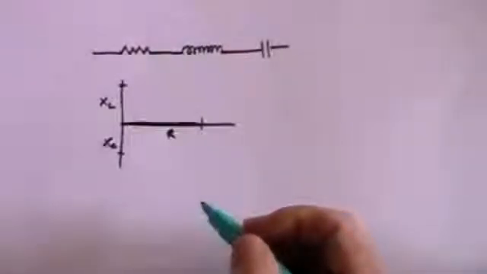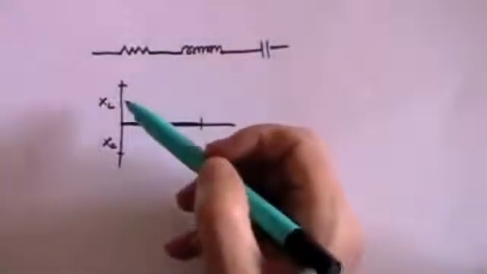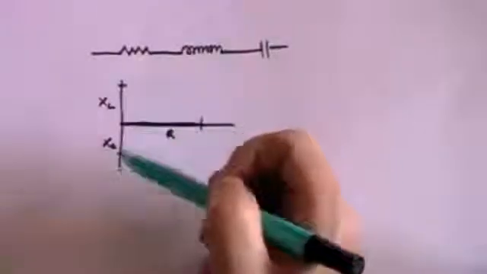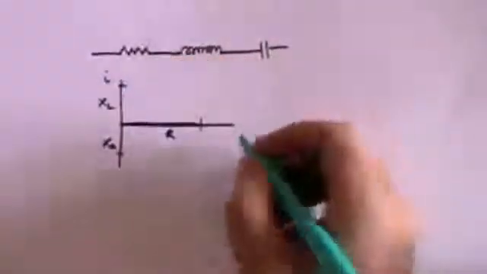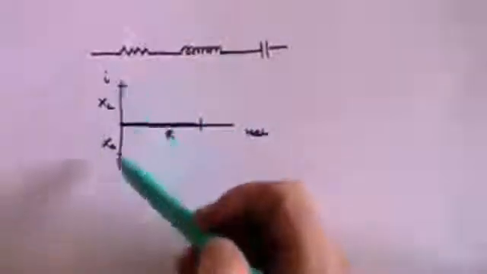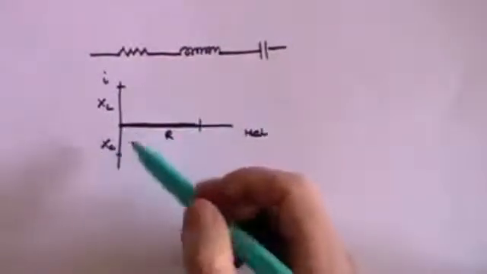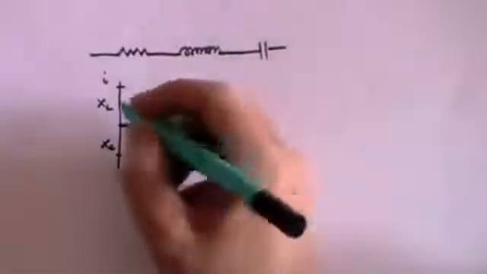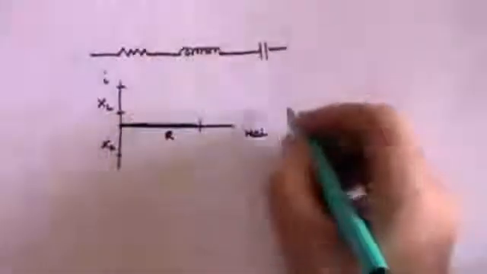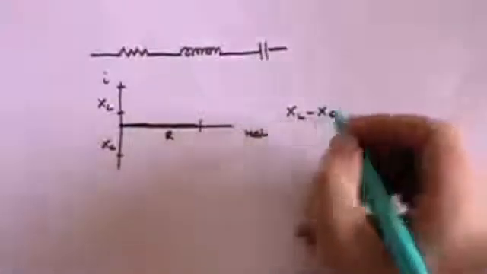The net effect of the two reactances, which are both in the same plane, both on the i scale, this is the imaginary scale, this is the real scale, you can simply subtract one from the other, and the net effect will be this distance here, which is simply XL minus XC.